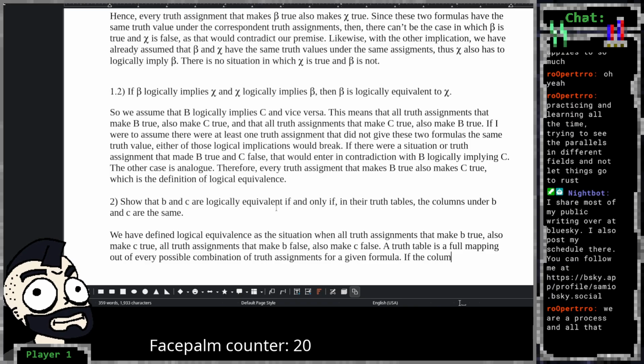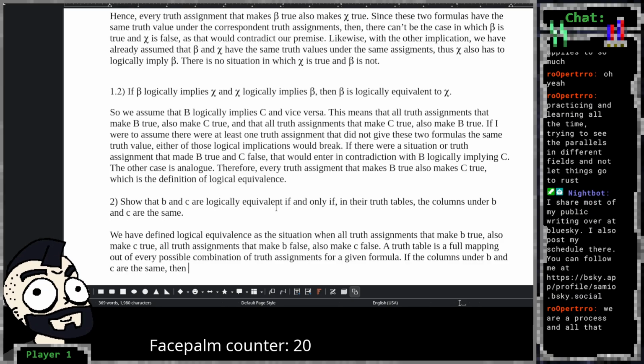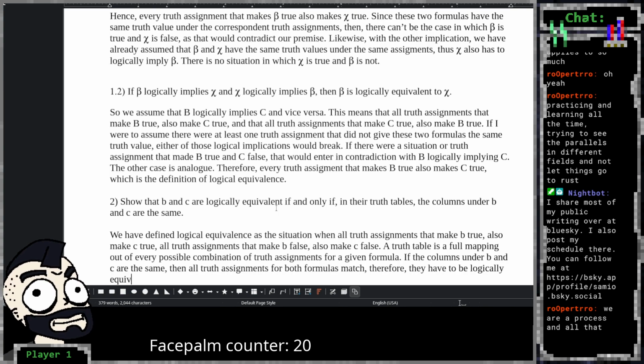If the columns under B and C are the same, then truth assignments for both formulas match. Therefore, they have to be logically equivalent.